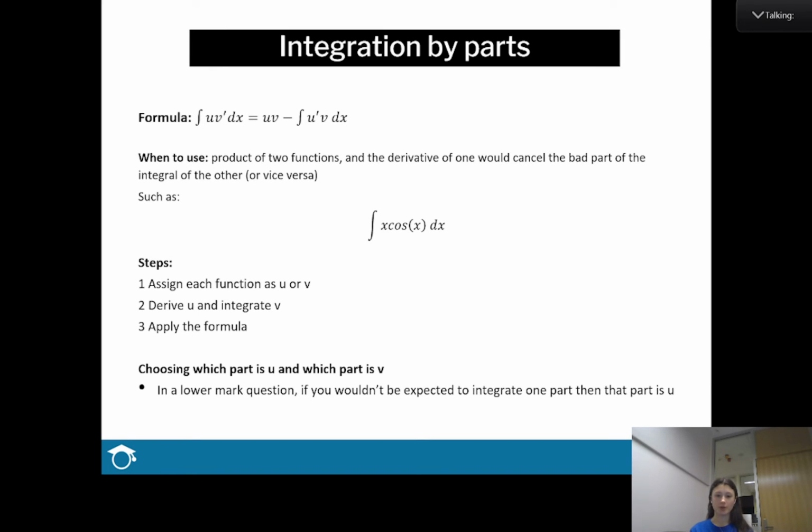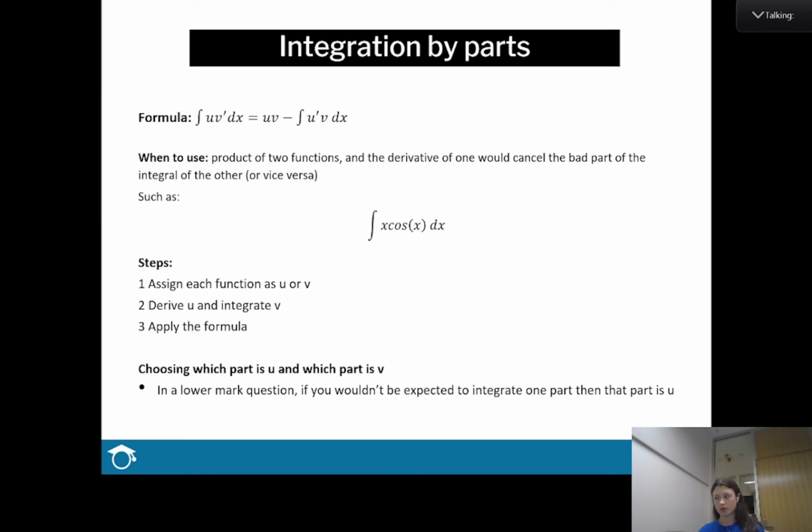And then we're going to apply the formula. After you've recognized that you need integration by parts, the next tricky part is identifying which part is going to be u and which part is going to be v dash.